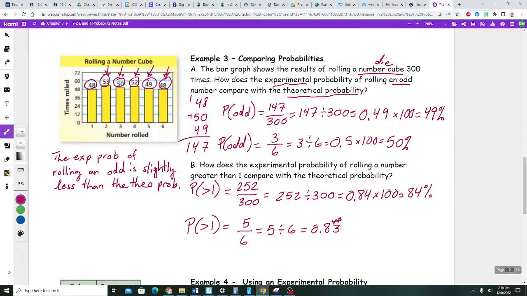I'm going to write that as 83.3 repeating, because remember, we're multiplying by 100. And as we can see, how do they compare? They are very close together. Our experimentation is showing that our die is a fair die.